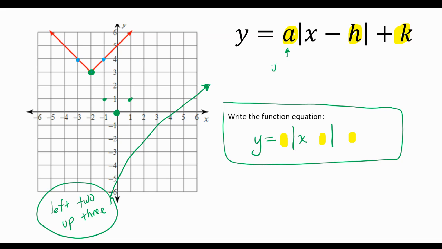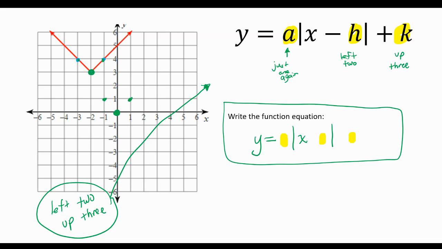So A is just 1. And we know that because of what I said at the beginning of this lecture, it's just moving by one box, right? It's only one box over. There's no stretching here. Okay, so we need to add left 2, and we need to go up 3.